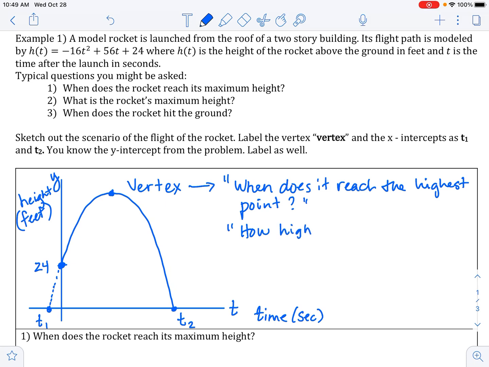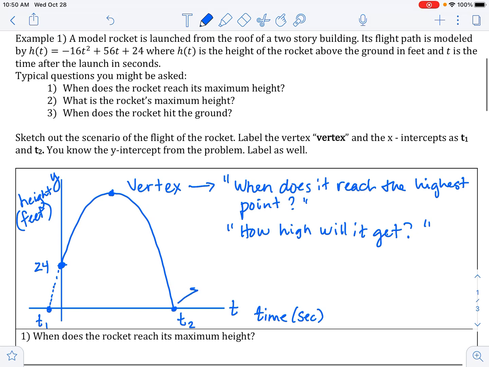So we have our x and our y, or you could say our t and our h values, and those will represent these two here. Oops, sorry, it's hard for me to talk and write at the same time. There we go. So the vertex will answer those two.